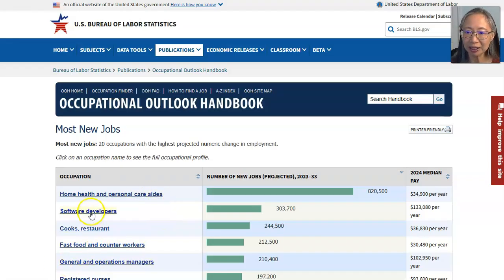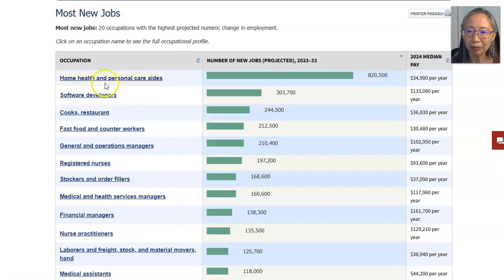If you scroll down, the next largest number of new jobs being created are expected to be software developers, followed by cooks, restaurants. A lot of these are service type jobs, and you may have heard in the news that a lot of new jobs being created are service jobs. So that includes home health aides, cooks in restaurants, fast food workers, and so forth.